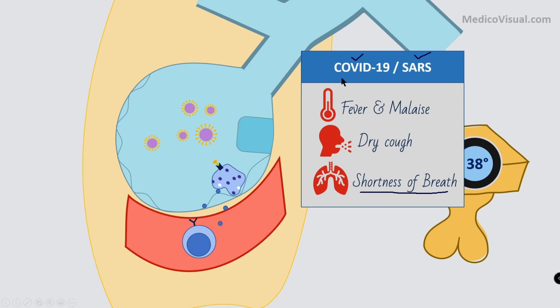Another thing about the difference between COVID-19 and SARS is that, from preliminary data, what we have seen is that the fatality rate of COVID-19 is about 3%, meaning that it is fatal in about 3% of cases, right?